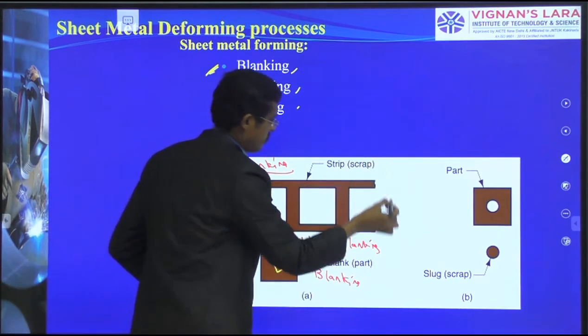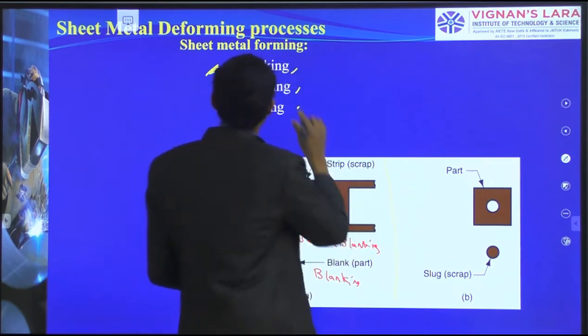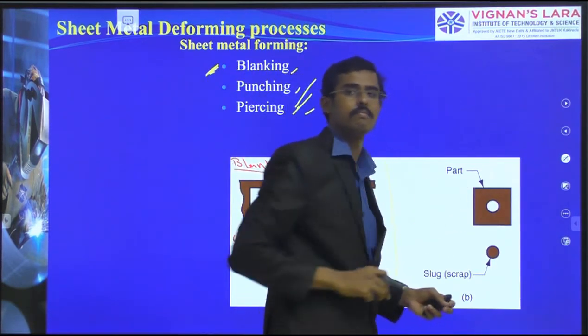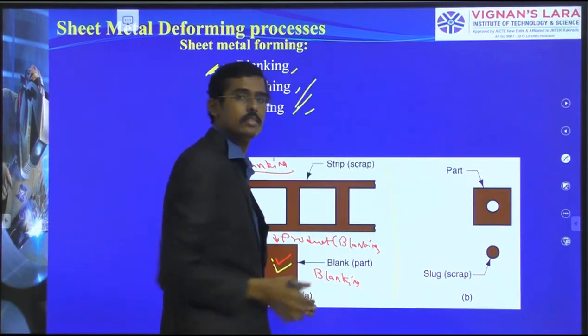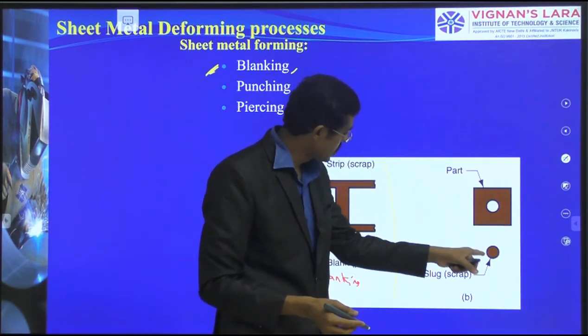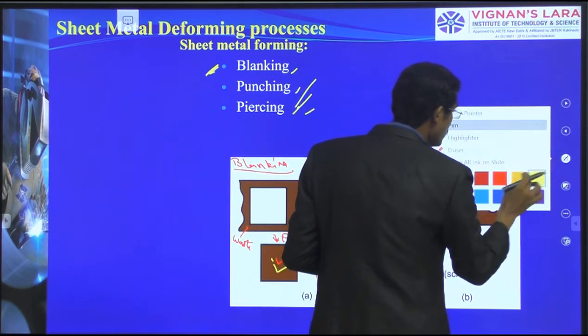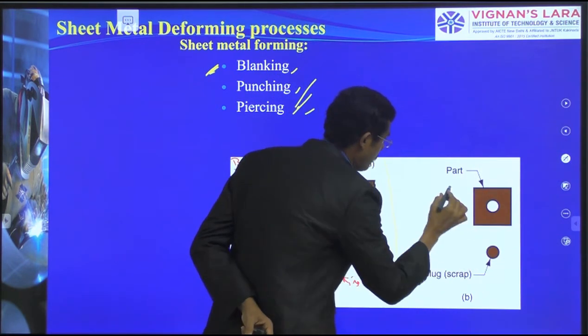This is one part. On the other side, I am talking about punching and piercing. Similarly, the punching has been done on the product. So one material has come down, but here you see this one belongs to the product.